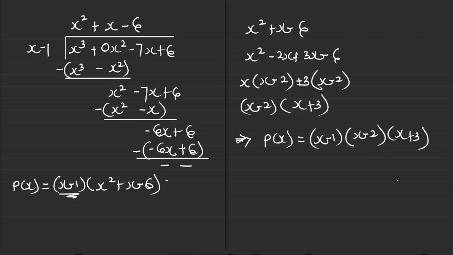This then becomes the factorized form of our polynomial p of x. Very simple, isn't it? So we conclude by saying, therefore, our p of x is what? x minus 1, x plus 3, and then x minus 2. Very simple.